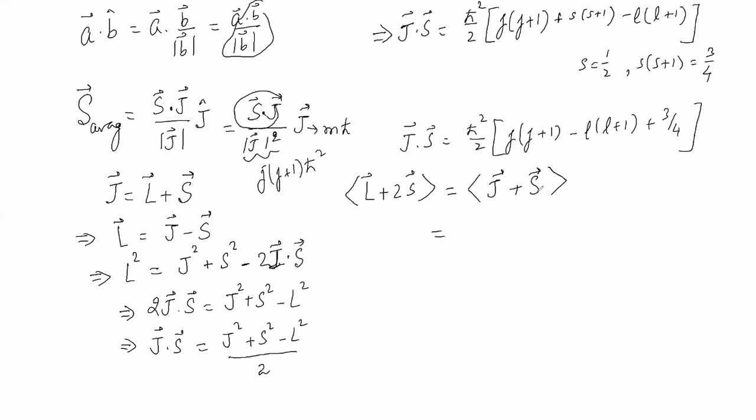If you notice, in the average value of S we also have a J around, and then S dot J upon J square.